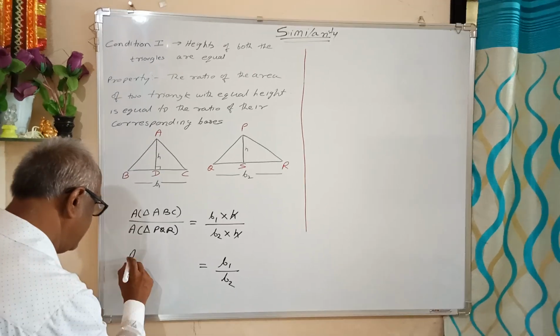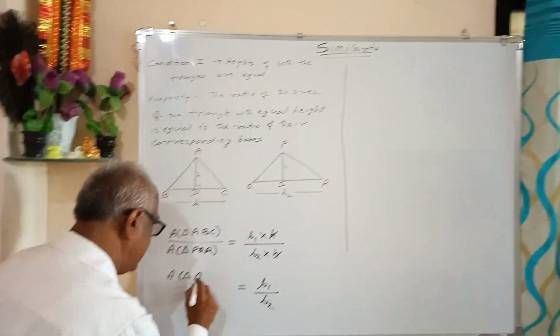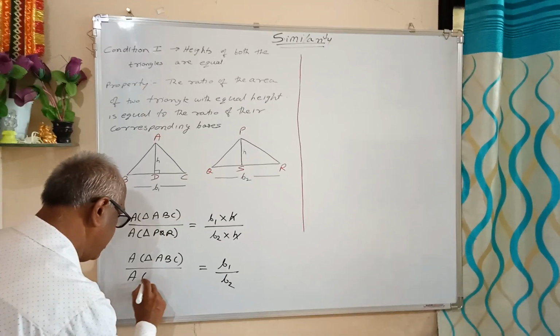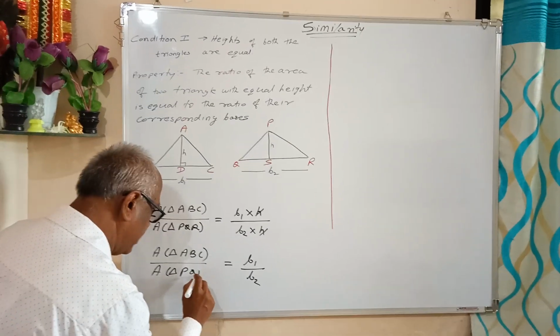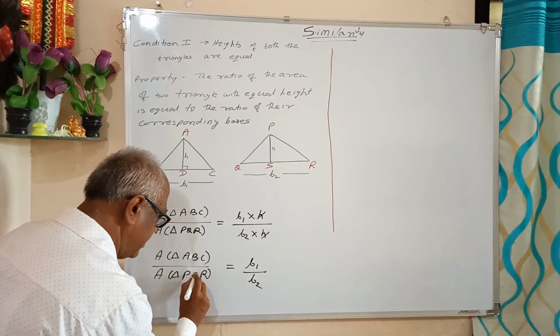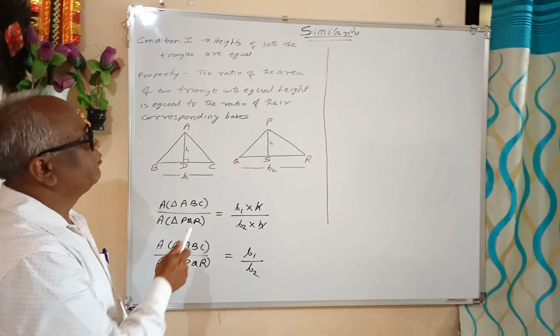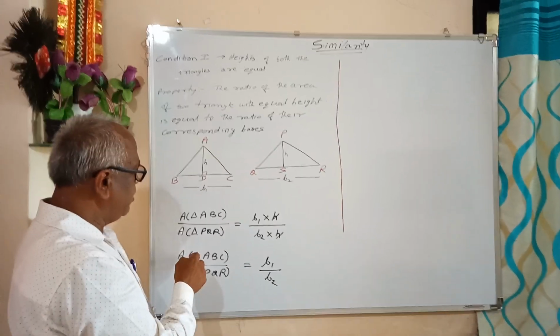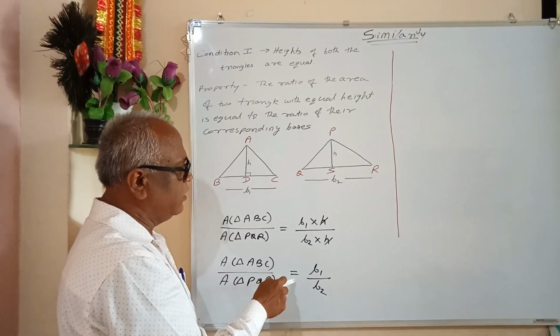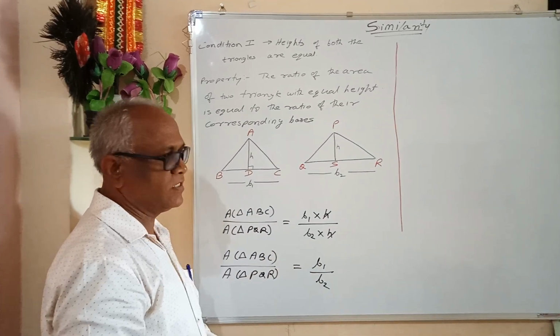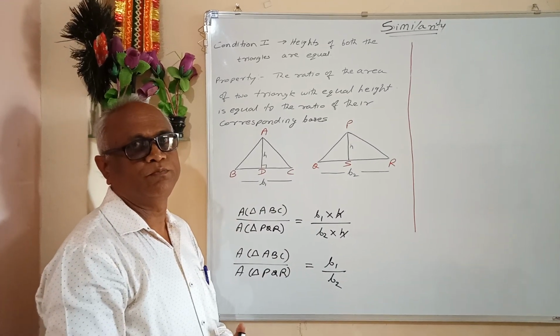So when the height is the same, we have seen that the ratio of the areas of the two triangles is equal to the ratio of their corresponding bases, that is B1 upon B2.